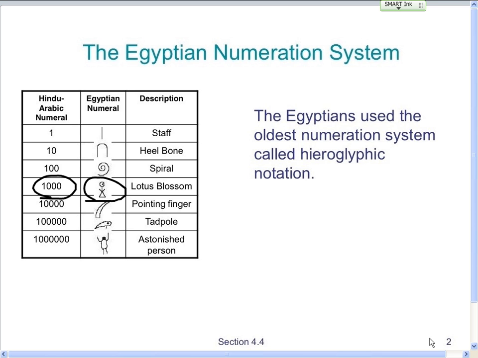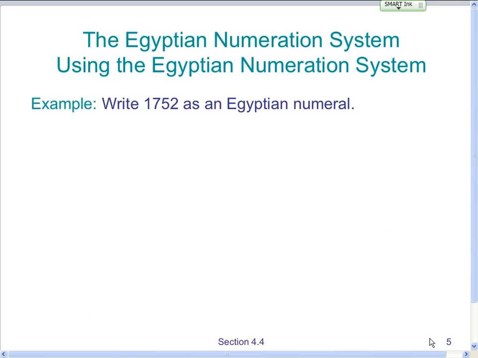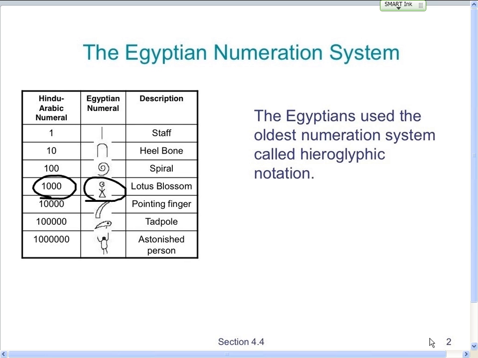So we need one of those. So triangle, and then it looks kind of like that. Do your best. And then we need to figure out what the hundreds are, and we need 7 of those. So those are the spirals. So we need 7 of those.